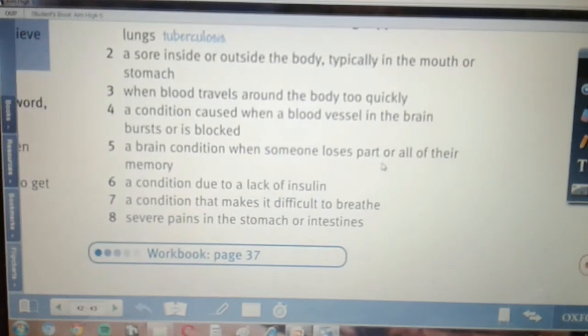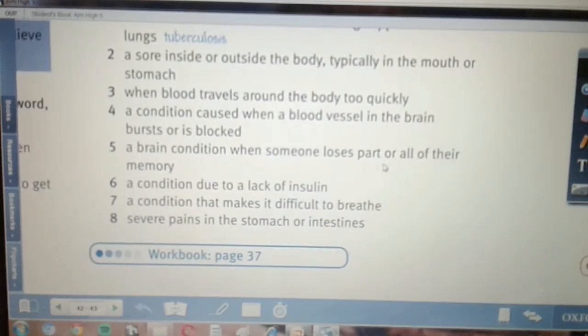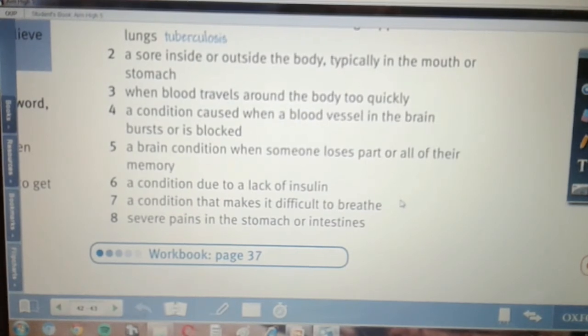A brain condition when someone loses part or all of their memory. This condition is called amnesia. Okay, 6. A condition due to a lack of insulin. What is it?